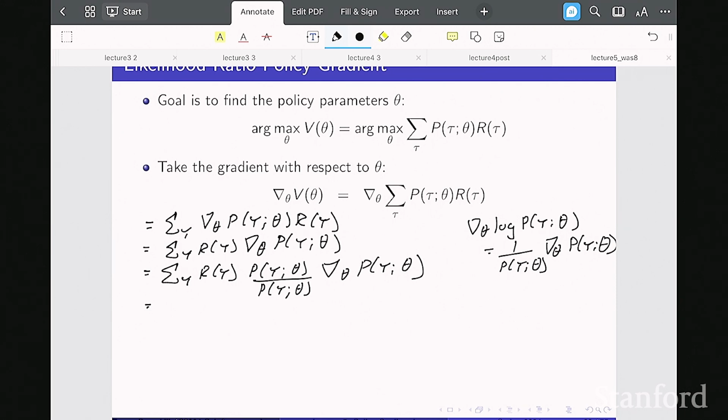Okay, because the derivative of a log is just equal to 1 over the value times the derivative of the thing inside the log. So that looks exactly like this. Okay, so that's the trick that we're playing here. And so we can rewrite this then as the probability. And I'll tell you why we did this in a second. Okay. All right, and let me just rewrite it one more time so it's easier to see.